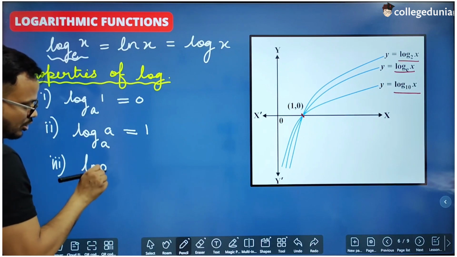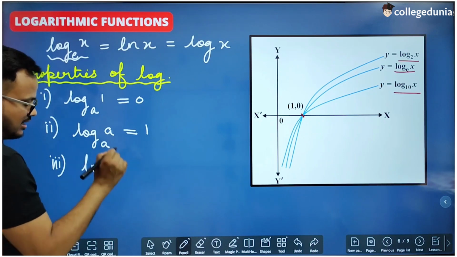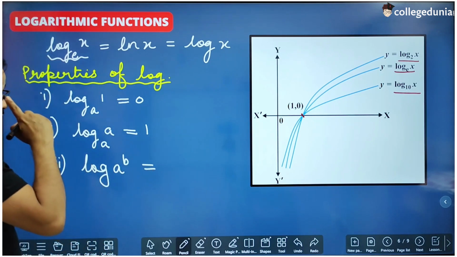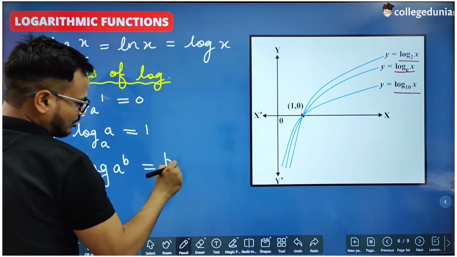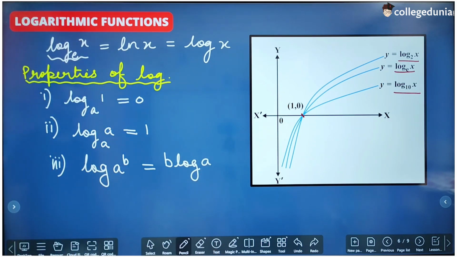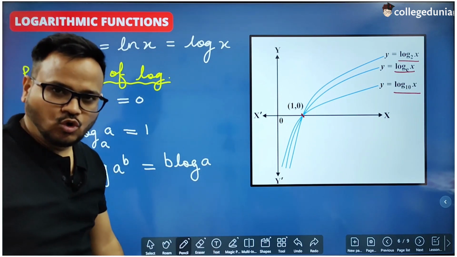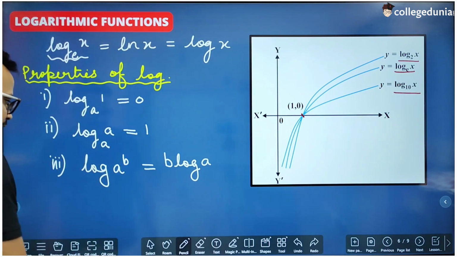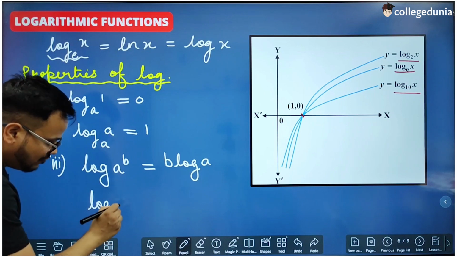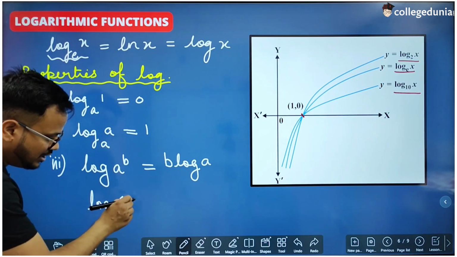Number 3, most important property: log base a of x to the power b is b log a x. Log a to the power b is equal to b log a, right? For example, let us say for base 5 we have suppose 625.